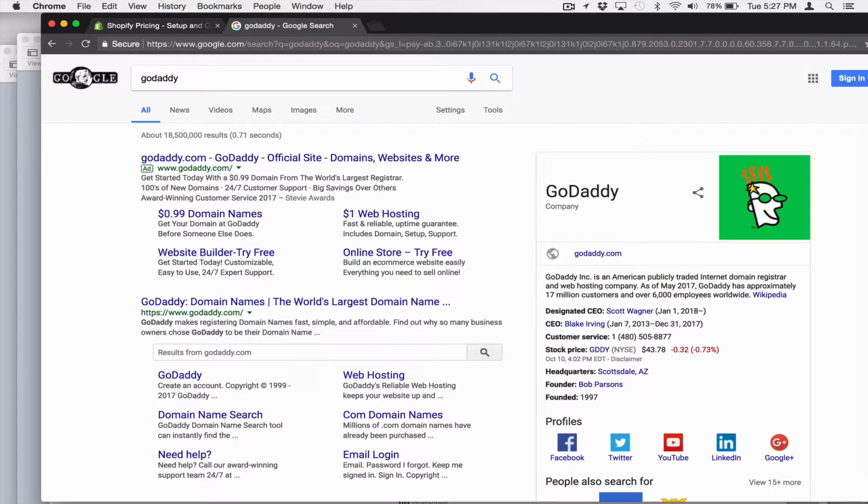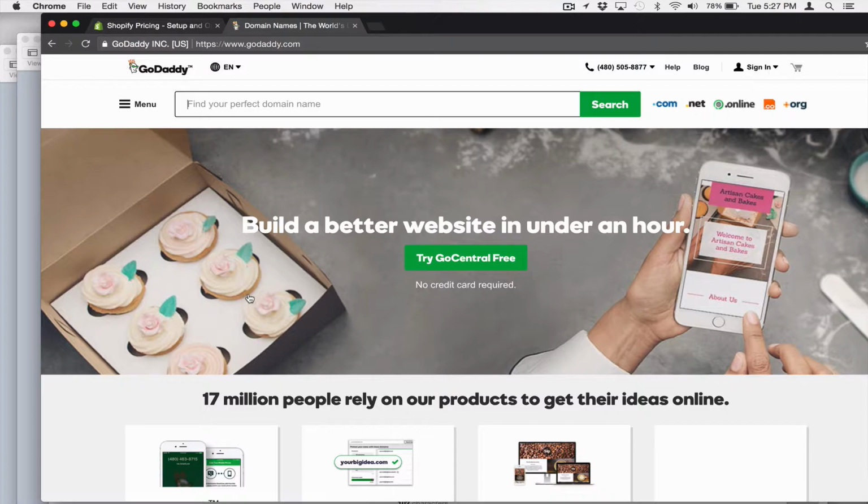I'm not sure if it's a monthly cost or yearly cost that you'll see on your Shopify billing, but I know that you can get a domain name through them. I like to go through GoDaddy because I have multiple domain names that I own there. GoDaddy has really good customer service with me. I haven't had a bad experience with them.